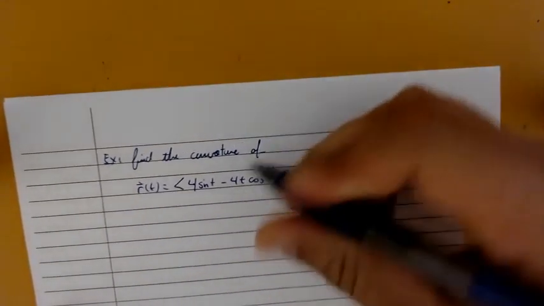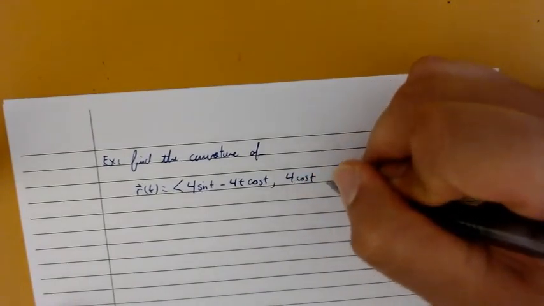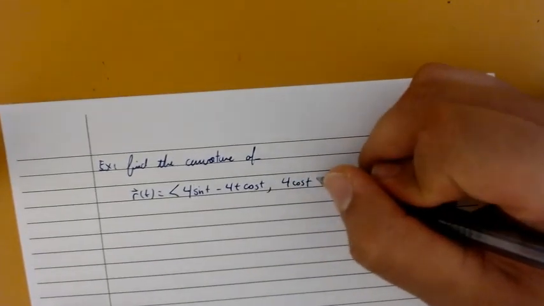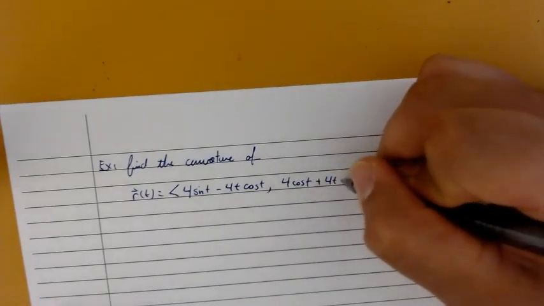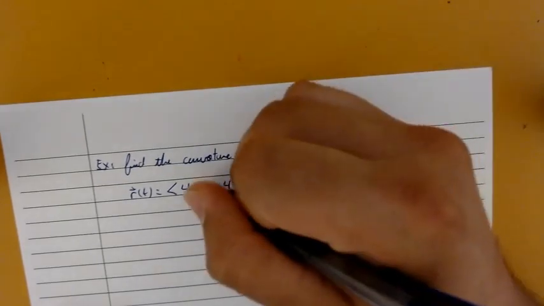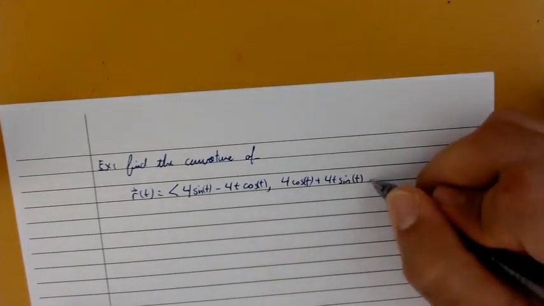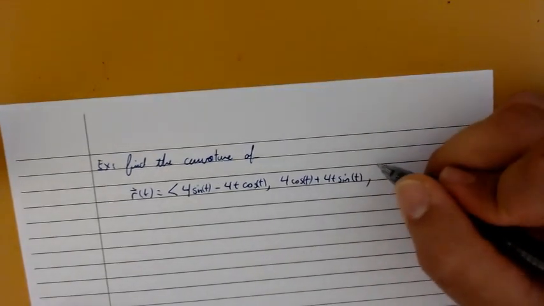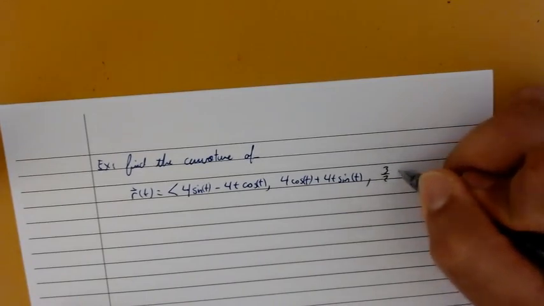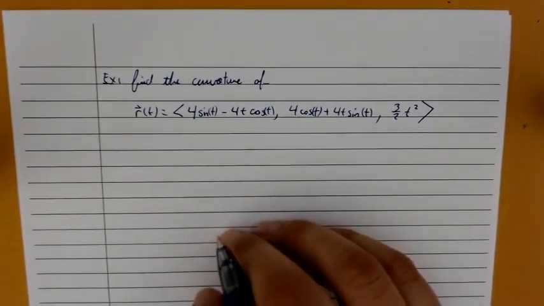That's the first component. The second component will be 4 cosine of t plus 4t sine of t. And then the third component will be 3 halves t squared.